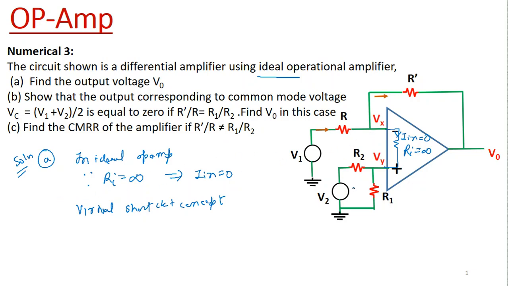So here, in the non-inverting terminal we have Vy, and in the inverting terminal we have voltage Vx. So here, by virtual short circuit concept, Vx will be equal to Vy.